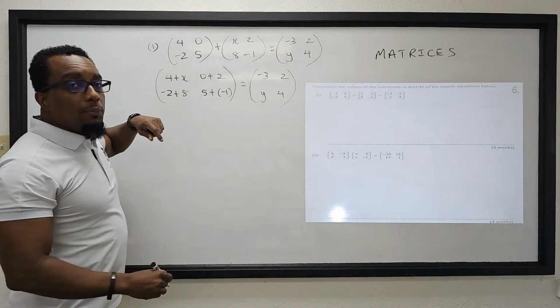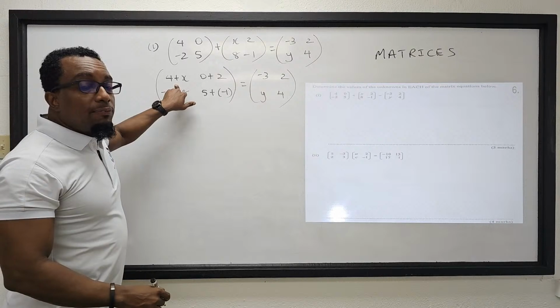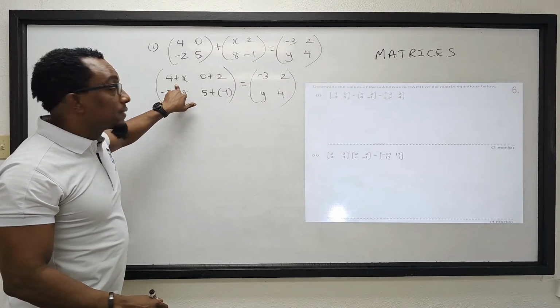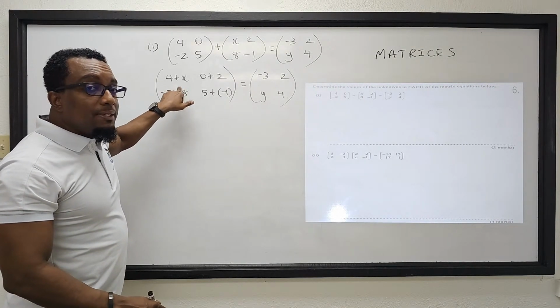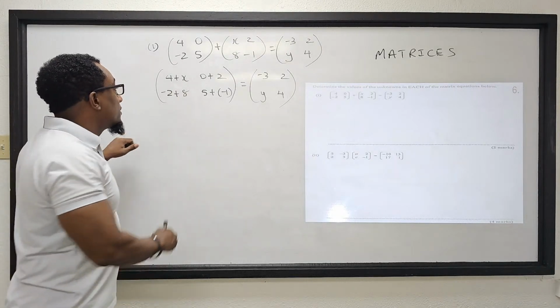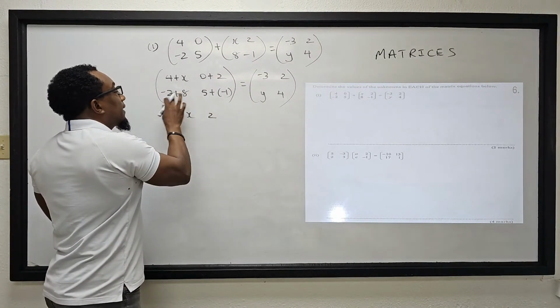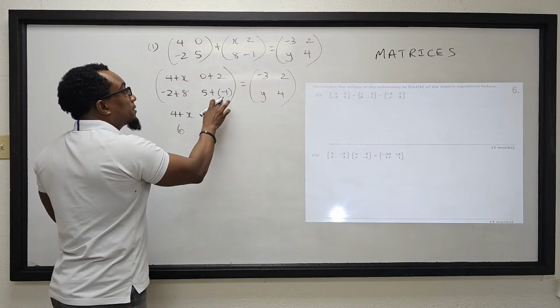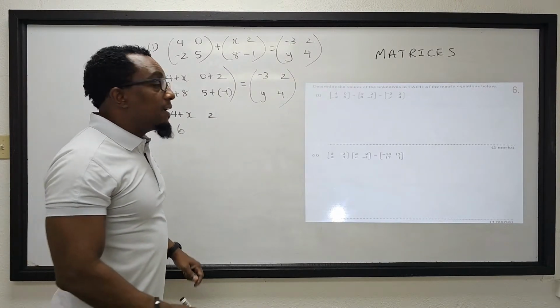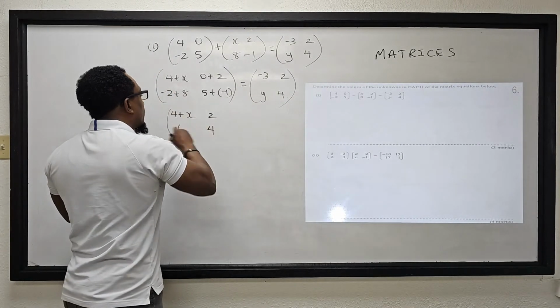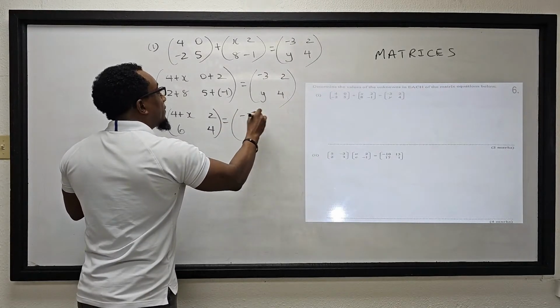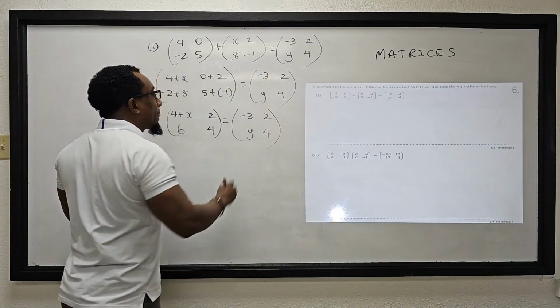Let's simplify further. We can't add 4 to x. Don't write this as 4x. These two terms are not like terms, you can't add them. So this stays as is, 4 plus x. 0 plus 2 is 2, negative 2 plus 8 is 6, plus by a minus is a minus, 5 minus 1 is 4. This is equal to negative 3, 2, y, 4.